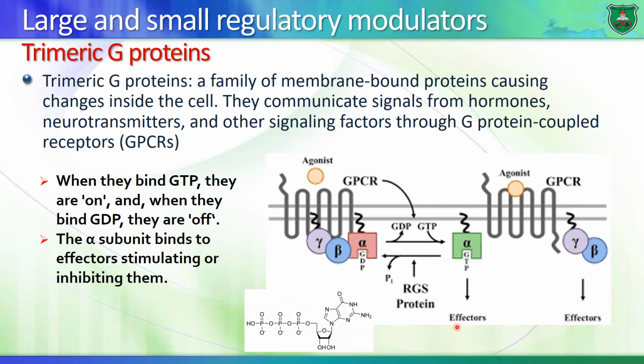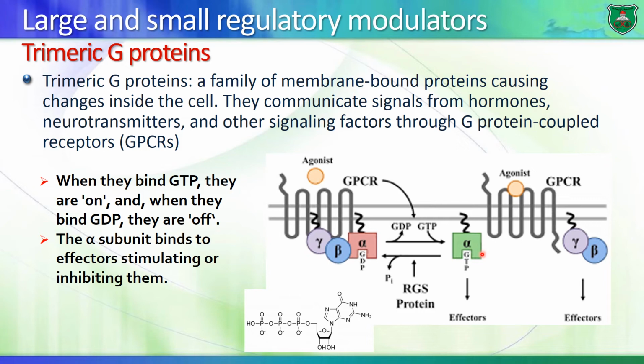Now in vision, and we're going to talk about visual transduction, that is signaling, the alpha subunit is actually an activator of phosphodiesterase, which degrades cyclic AMP. So overall, what happens is that the alpha subunit is an activator, and it's a large modulator.